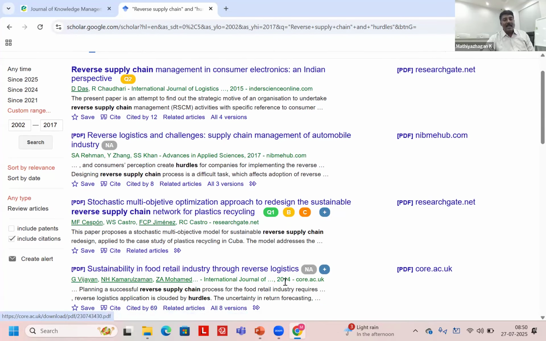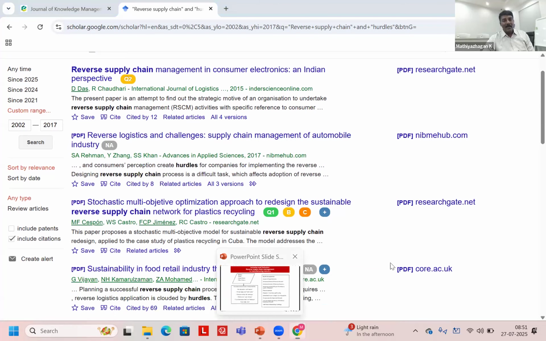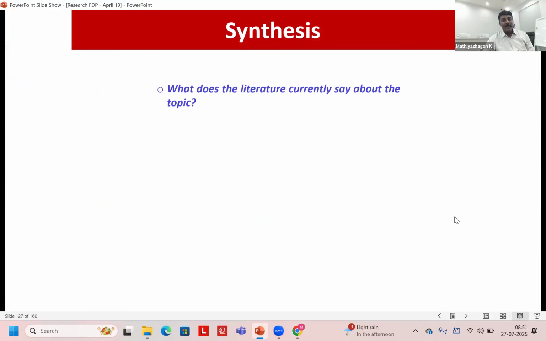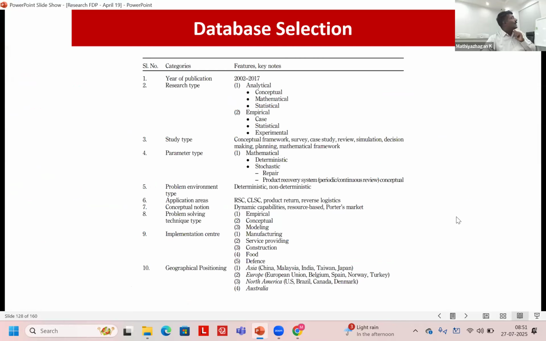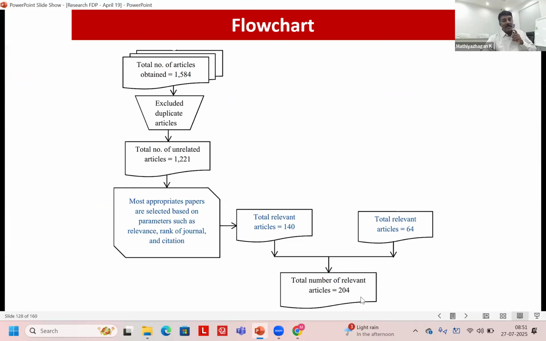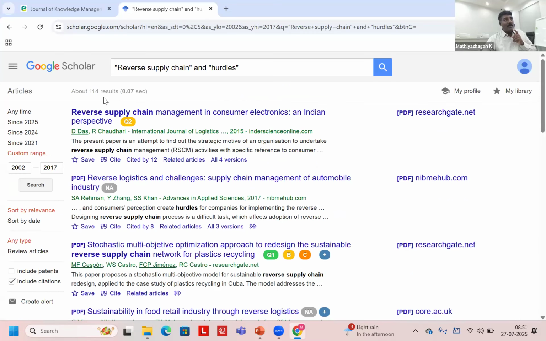In a similar way, we have used all the papers like this, and then removed by rank. Let's say this is a 114-paper set. I'm considering only Q1 journals, top rank, and ABDC A. And I'm considering papers with an impact factor above 5. This is the way we need to mention and provide the ranking.